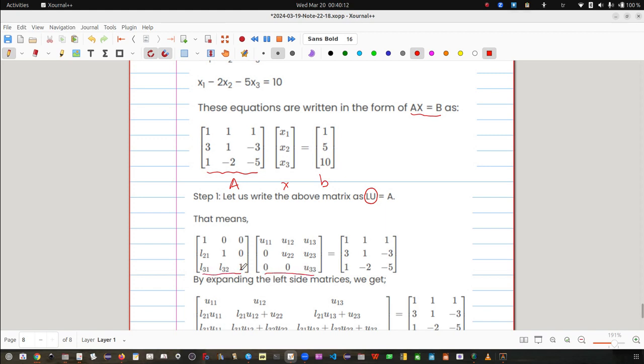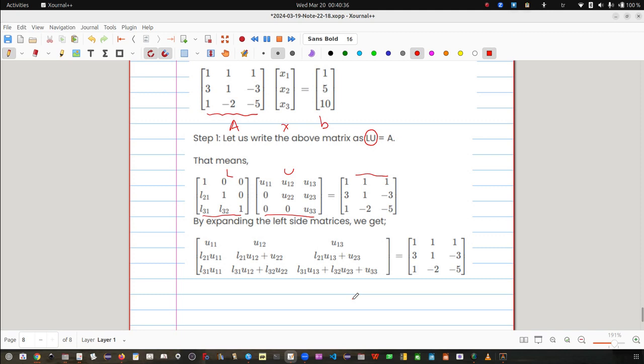Before solving the equation, we are trying to associate these variables to the coefficient matrix to find out these variables so that we can write it in two matrix forms, L and U. How do we do it? We multiply 1 times this and this. We get the top row as is. And then similarly L21 times U11.